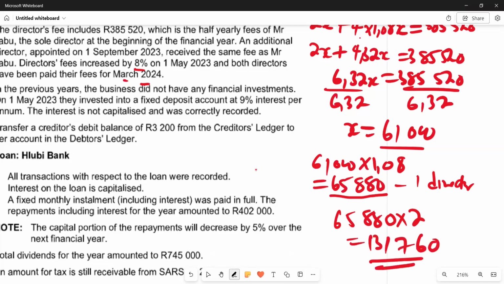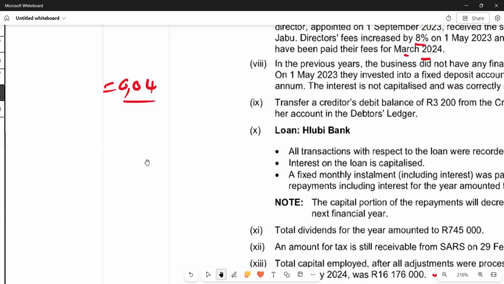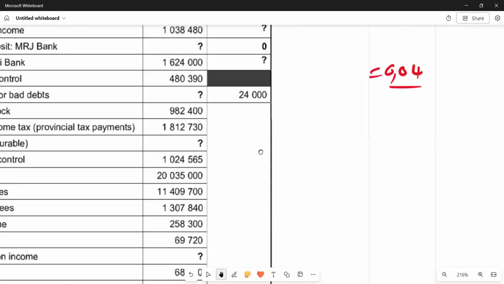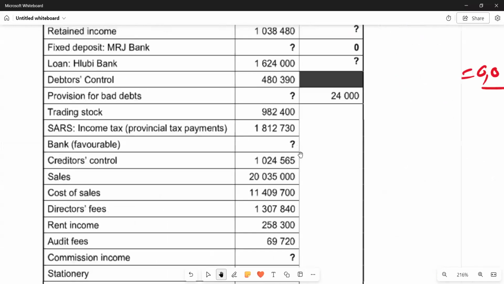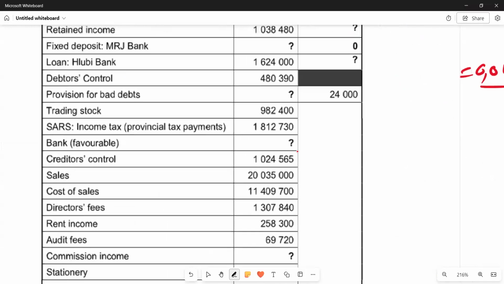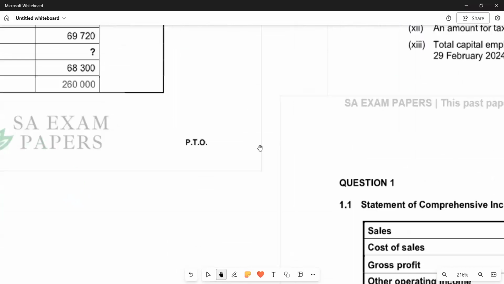So this is the total for March. So we have to remove this 131,760. So we go to the other section and take the figure that we have with the list of balances and subtract that 131,760. So if you come here, you'll see that the figure that we are given here for directors' fees is 1,307,840. Then you subtract that figure that we got there. So we go to our answer section.